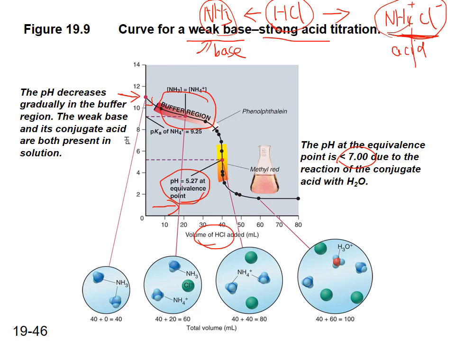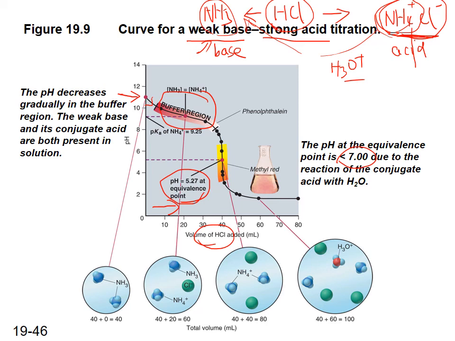This salt is actually acidic because the ammonium ion reacts with water, goes back to ammonia, and at the same time generates hydronium ion. That makes the solution acidic, and therefore the pH value is lower than 7. In this case it is 5.27.